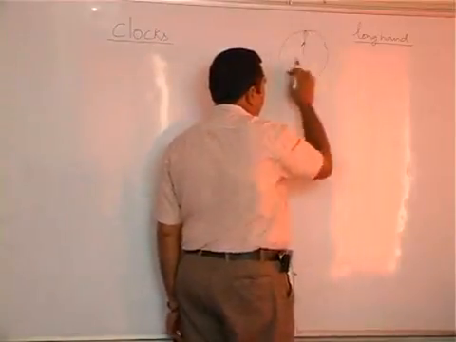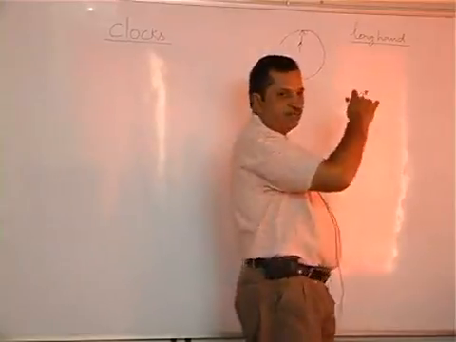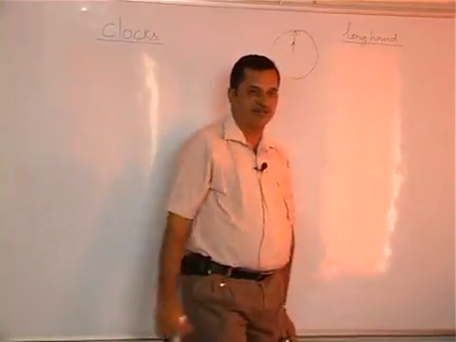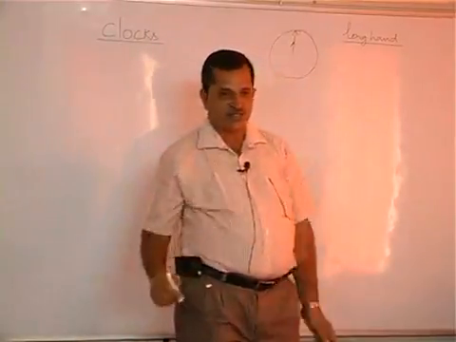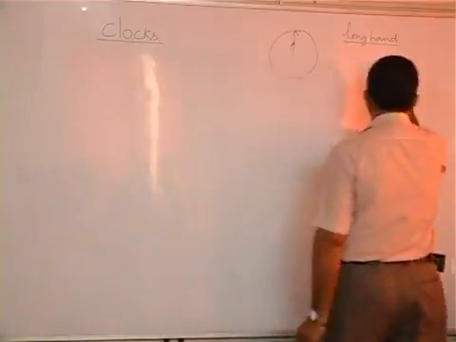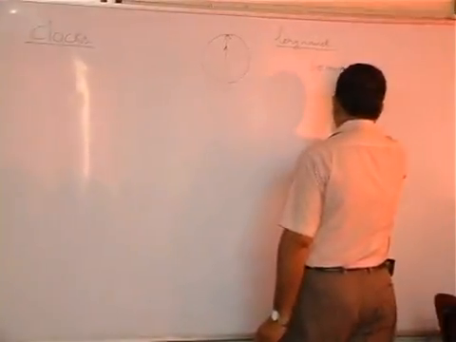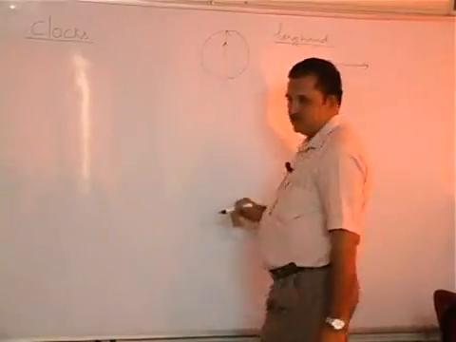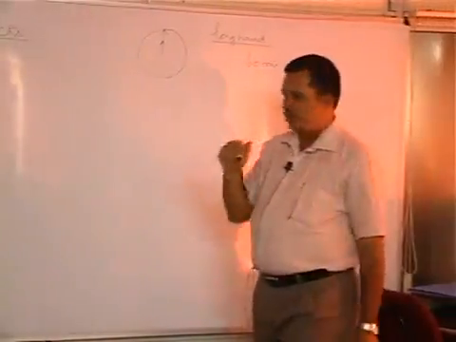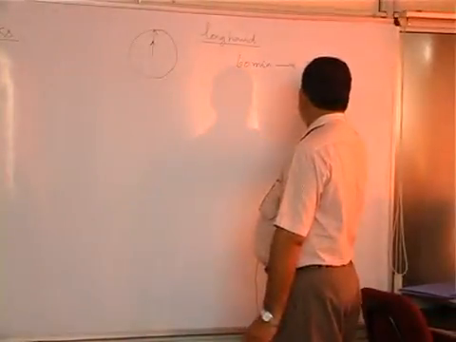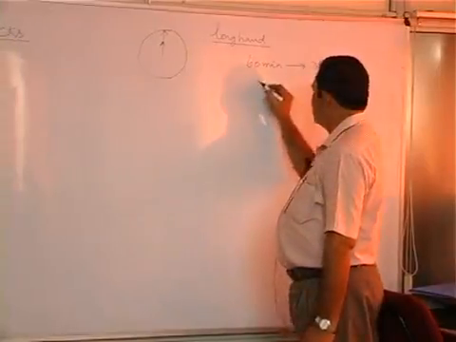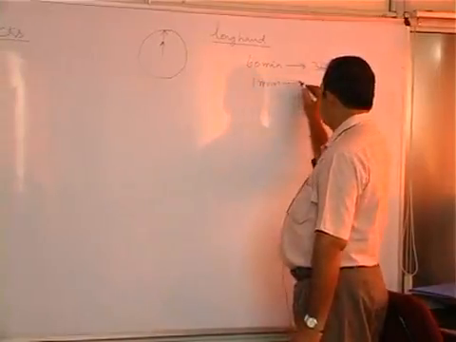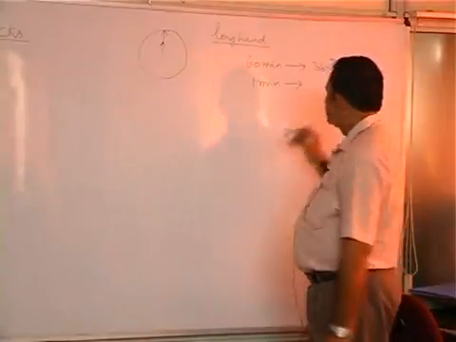If it takes one complete rotation, it becomes 1 o'clock. So in 1 hour duration, that is in 60 minutes, long hand is rotating how many degrees? 360. 360 degrees in 60 minutes means 6 degrees in 1 minute.